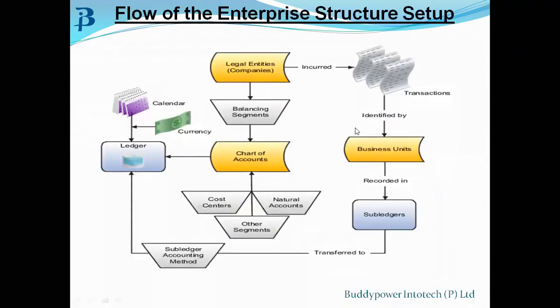Sir, in this, a business unit can process transactions on behalf of many legal entities. So the North American division has decided to have one business unit for its two legal entities. Maybe for legal purposes, they have created two under North America.